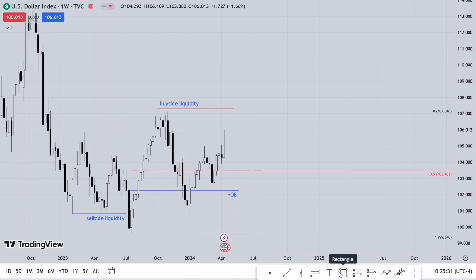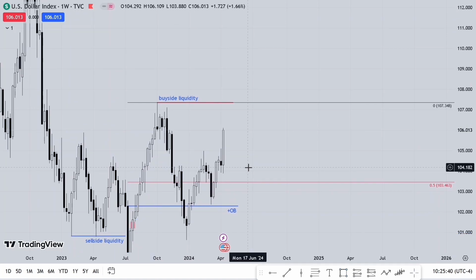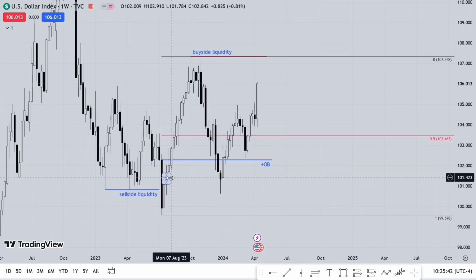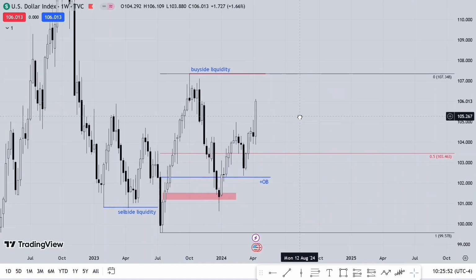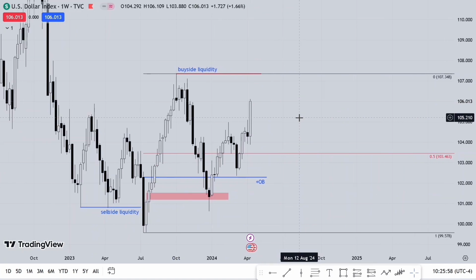So price dropped to the fair value gap, which is inside of an order block, which makes this a high probability order block. This order block here is why we're bullish going into April and May of this year.